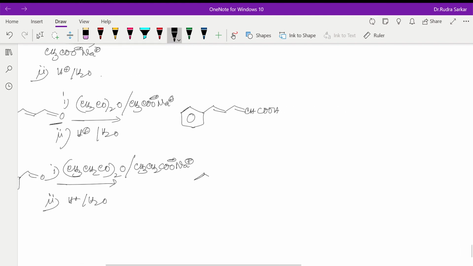That means the alpha carbon of the anhydride. So this is the alpha carbon. That is your answer.